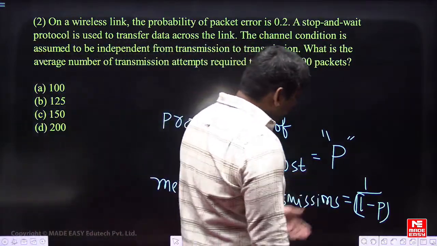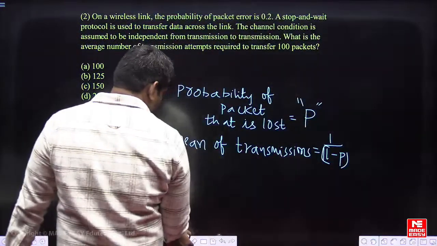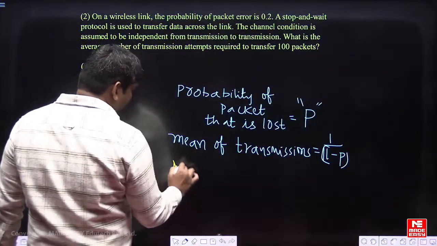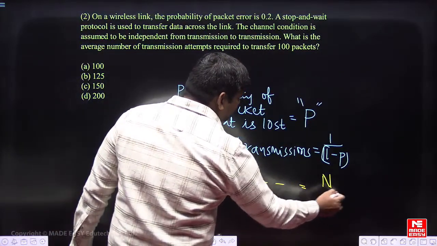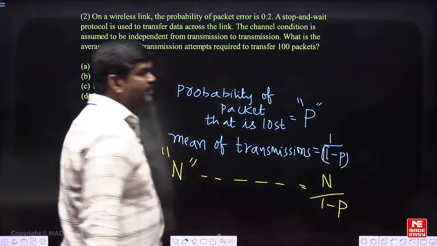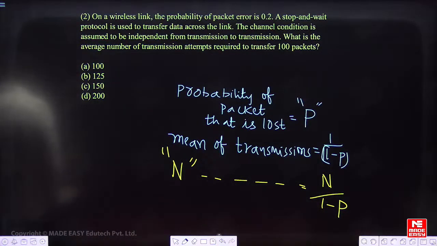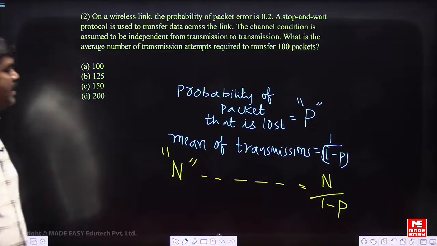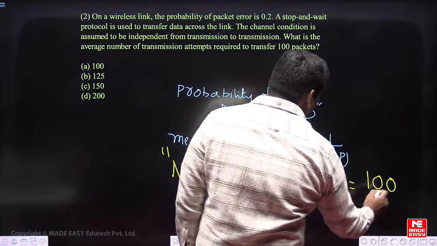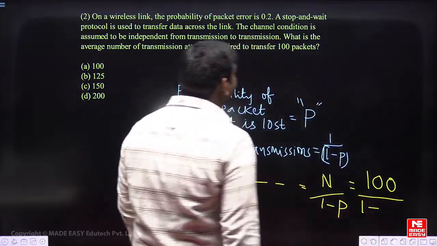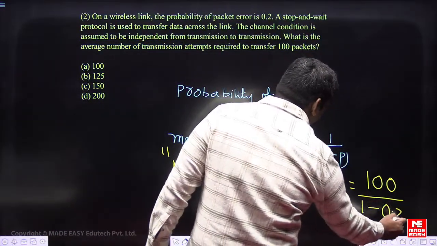So this is for one frame. Then for n number of frames, that means n number of packets, this value will be n by 1 minus p. Sagar Kumar, very good, correct. Babu, correct. Varun, yes. So here n is nothing but 100 packets. So I can write this as 100 packets divided by 1 minus the probability of packet error, which is 0.2.